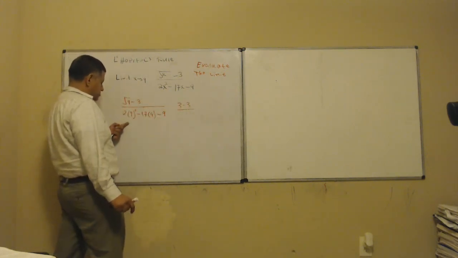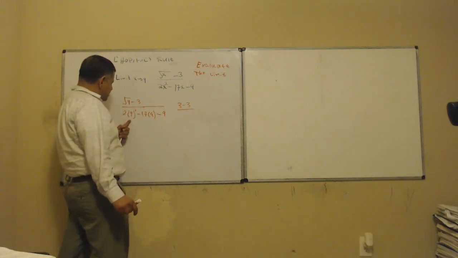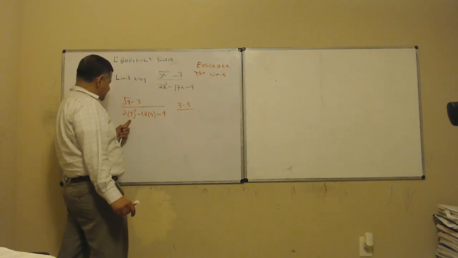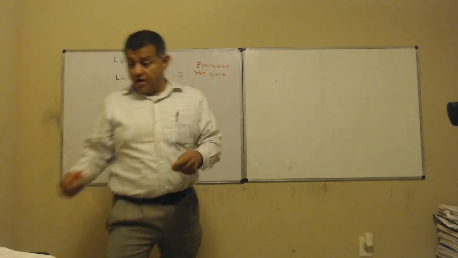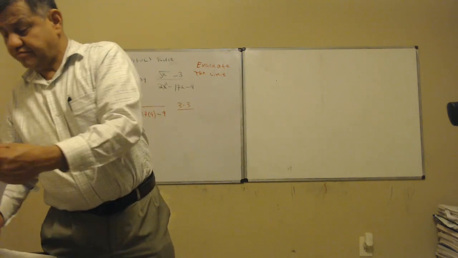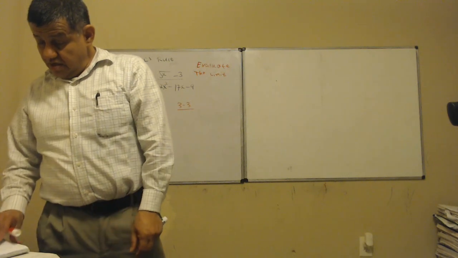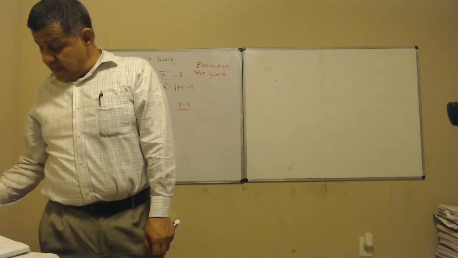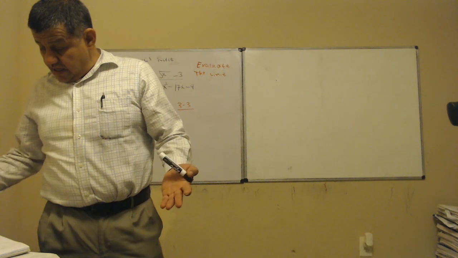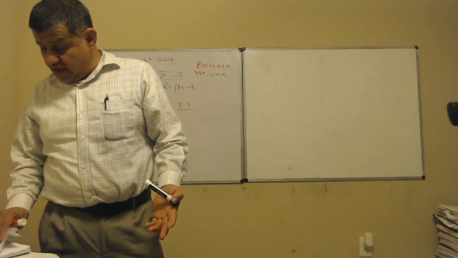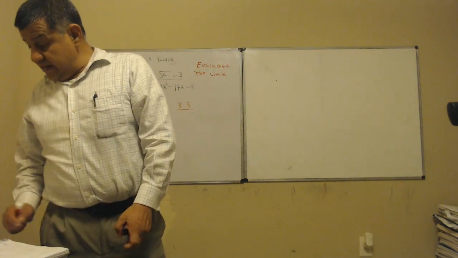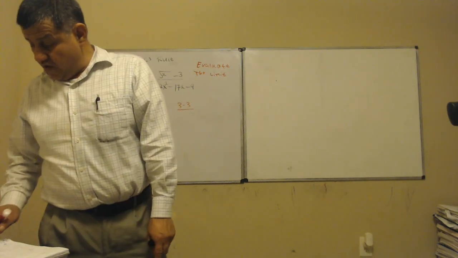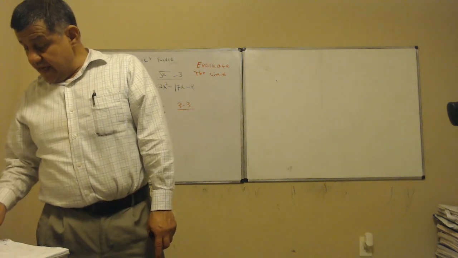Then we check the bottom, and 9 squared is 81.